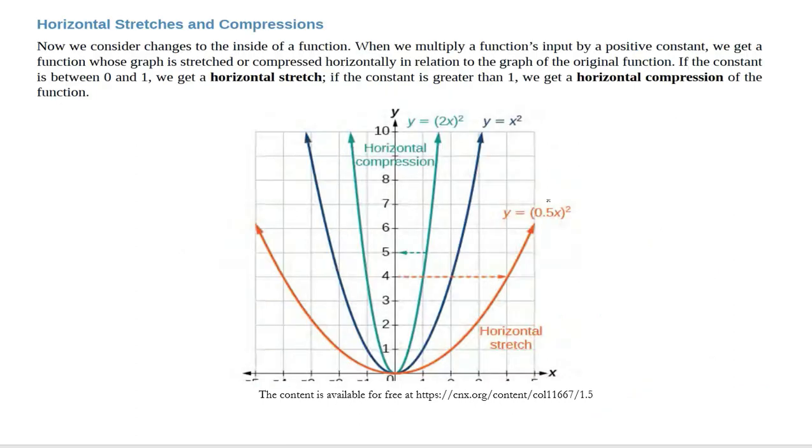So when a number is multiplied to inputs, then we have stretch and compression in the x-axis. So g of x is equal to f of bx. If b is less than 1 and more than 0, then we have stretch.